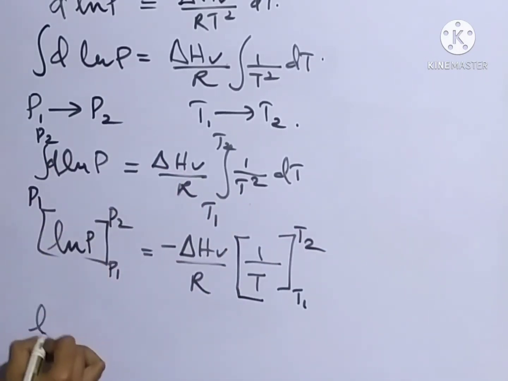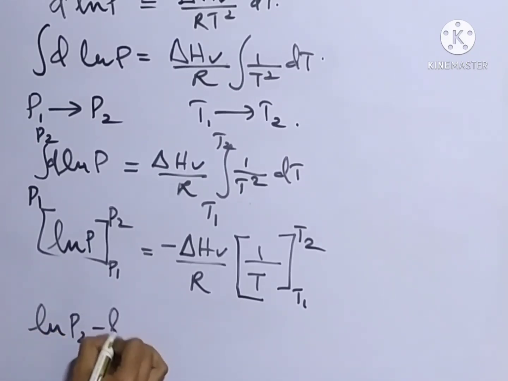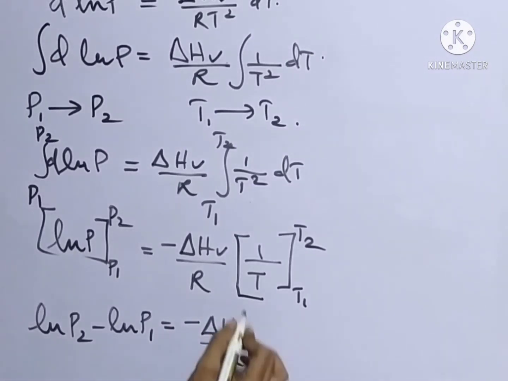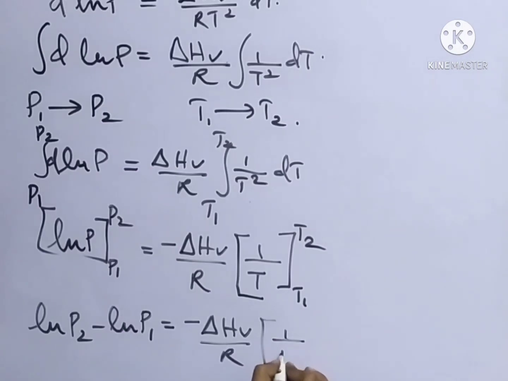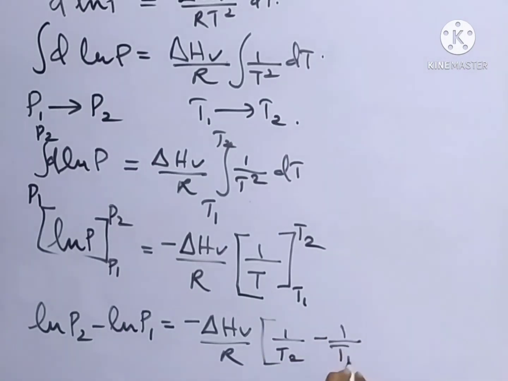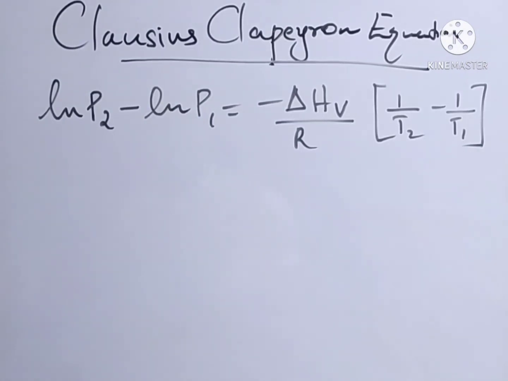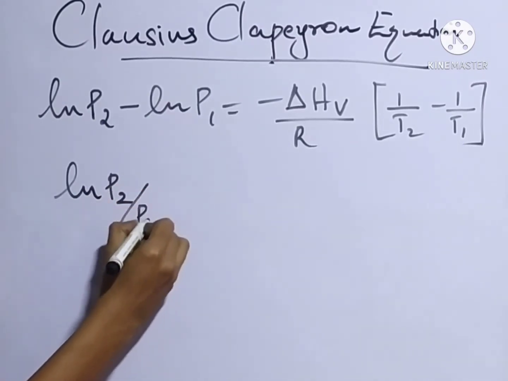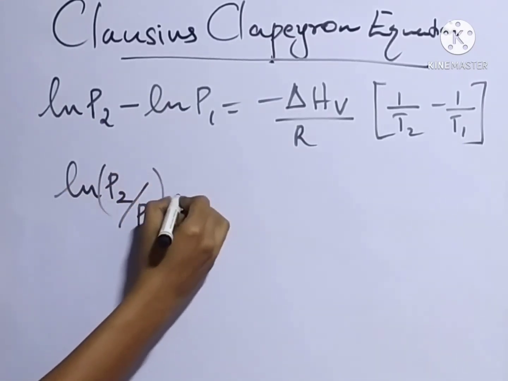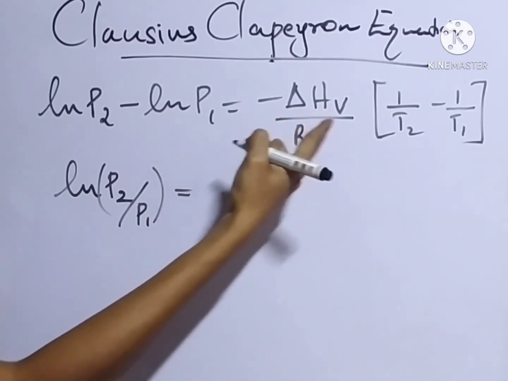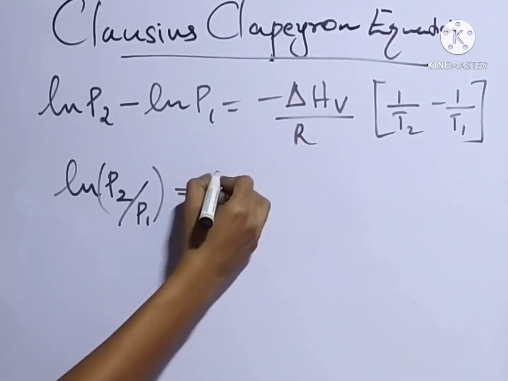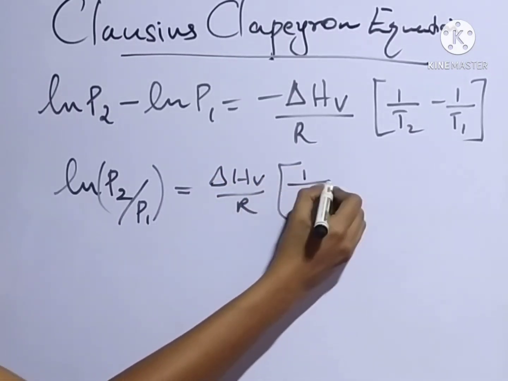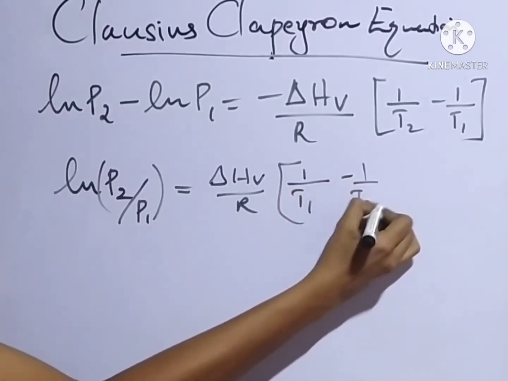That is, ln P2 minus ln P1 equals minus ΔHv / R times (1/T2 minus 1/T1). So we can write it as ln(P2/P1) equals, and we can remove this minus sign by reversing this term, that is ΔHv / R times (1/T1 minus 1/T2).